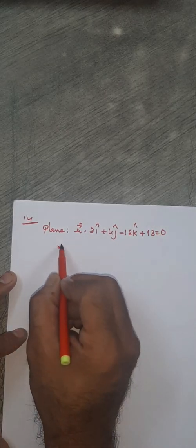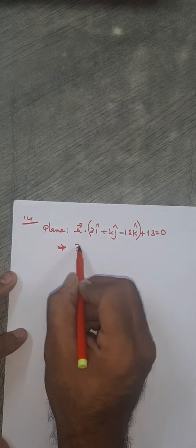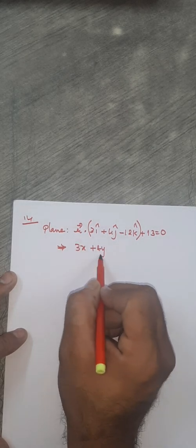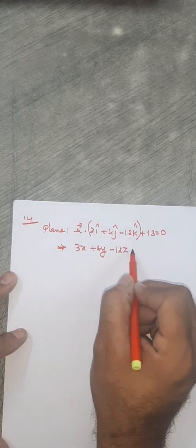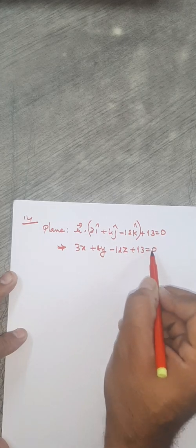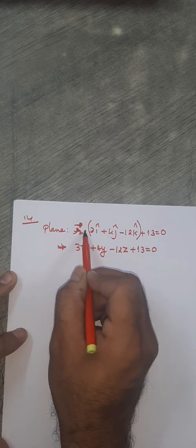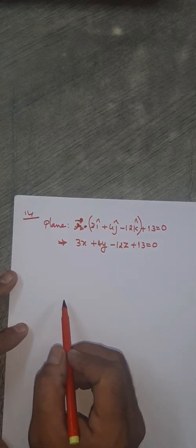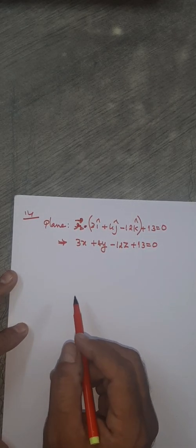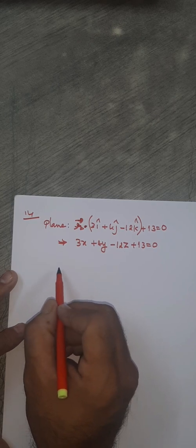So if I write it in Cartesian form, it is 3x plus 4y minus 12z plus 13 equals 0. What I did is I've just expressed it in Cartesian form. This is the plane. Now you are given this, so let's try it.